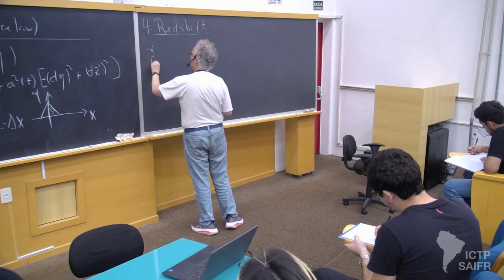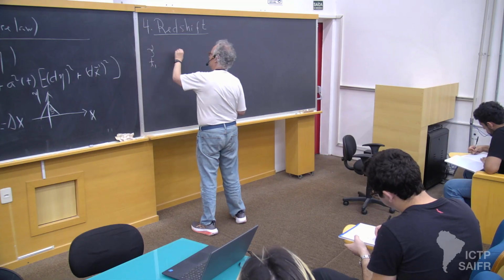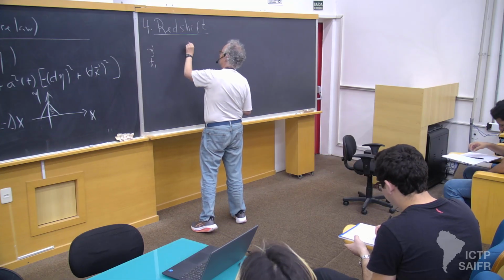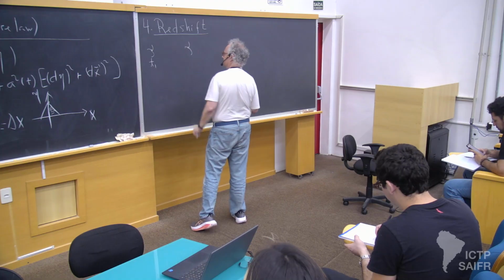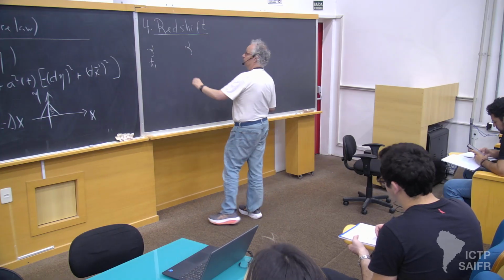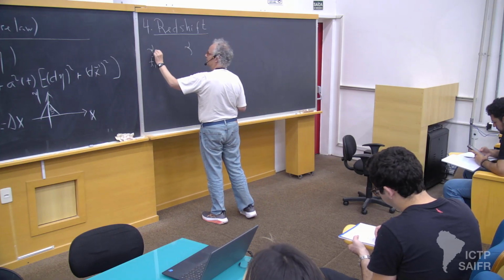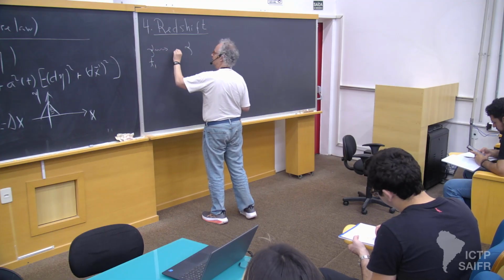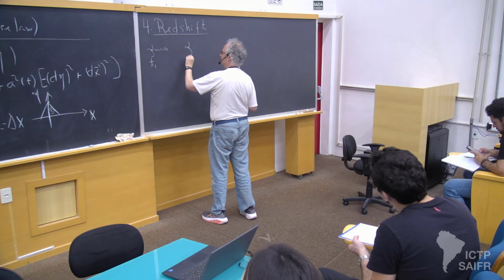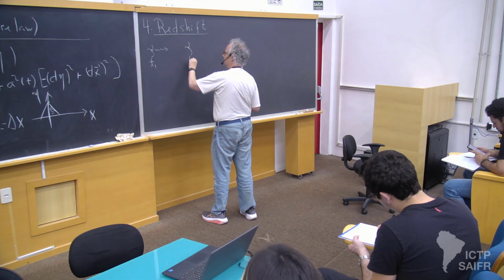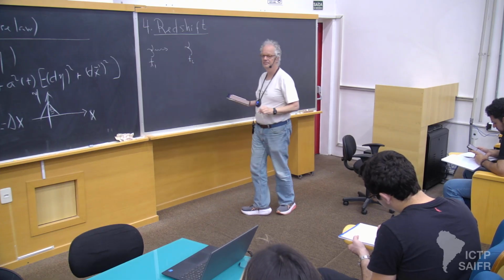At some time t1, it emits a light ray, and it reaches another galaxy here at time t2. So let's suppose there's a light ray that's emitted here, and it comes to this other galaxy and reaches it at a time t2.